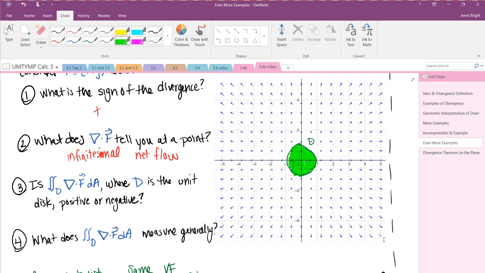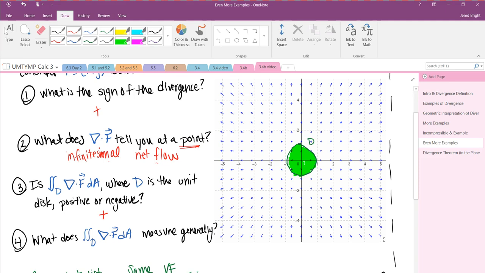Well, I'm going to let you think about that for a second. Okay, I personally think that it's going to be positive, because we know the divergence is positive because it's 2, right? And if we integrate over that, I guess really we're thinking it's infinitesimal net flow at a point, right?